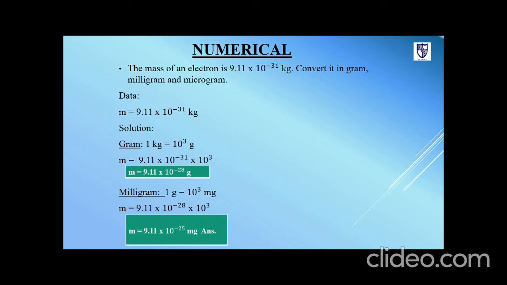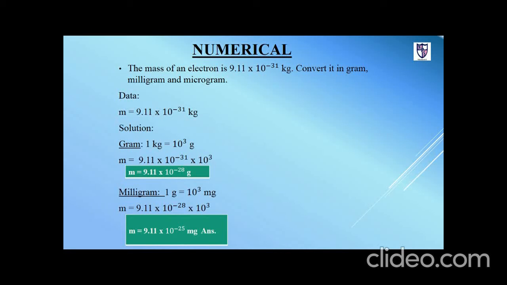If 1 kg is equal to 10 cube gram, so then 9.11 exponent minus 31 kg will be 9.11 exponent minus 31 multiplied by 10 cube. We simply multiply 9.11 exponent minus 31 with 10 cube.